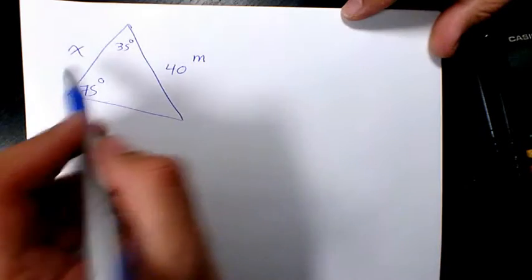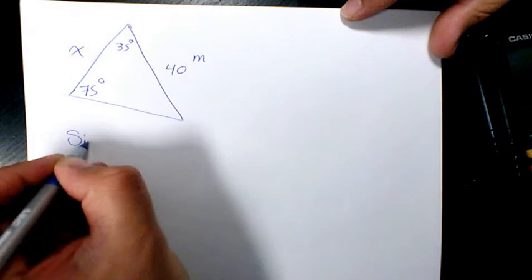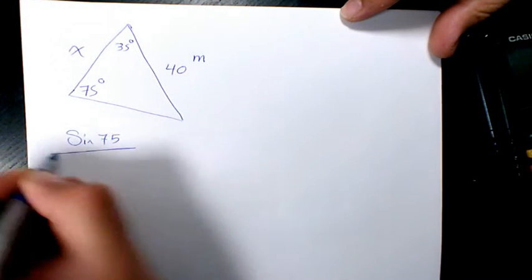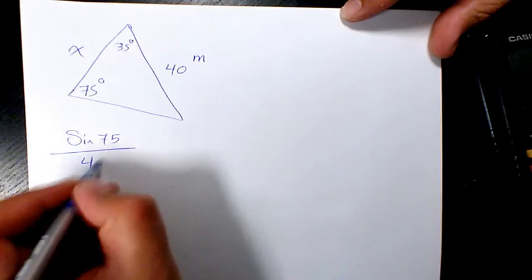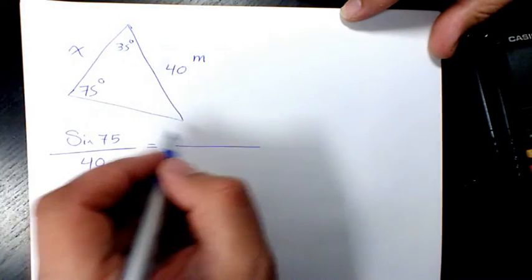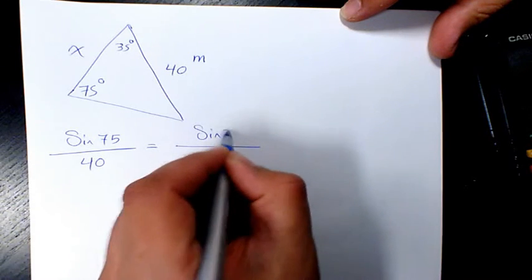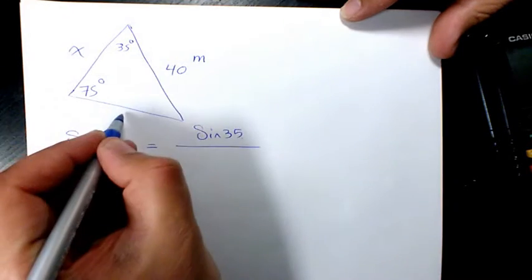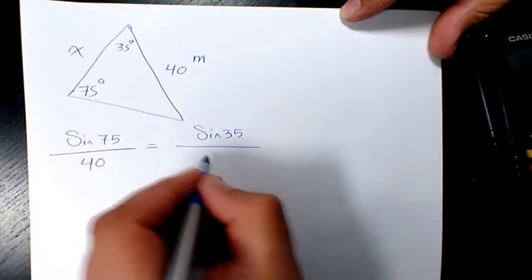So I'm going to say sine 75 over 40 meters equals sine 35 over, I'm going to call it y.